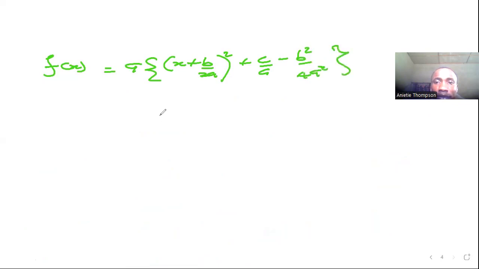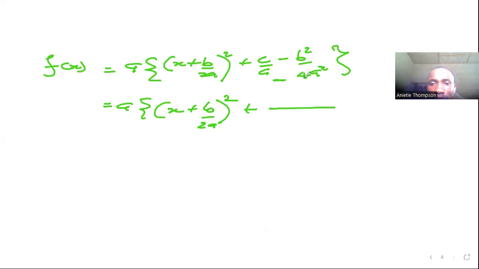All right, so now I'm going to simplify this place, and that will be equal to a into bracket x plus b over 2a, close bracket, and squared, then plus the LCM of 4a squared and a, which is going to be 4a squared, then the other bit is 4a times c, that will be 4ac minus b squared, close the bracket.